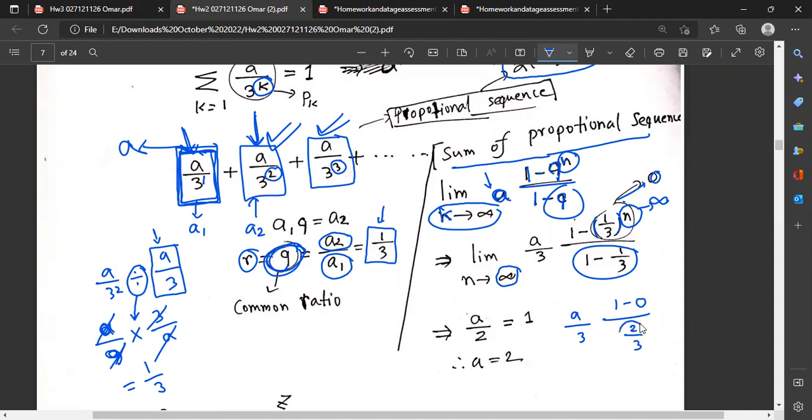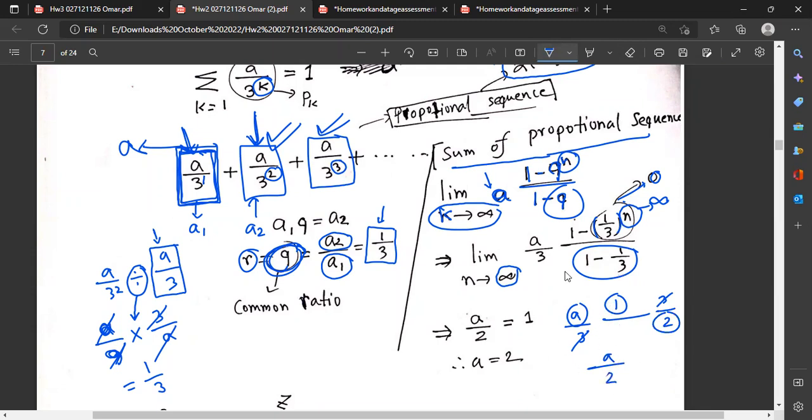And then this part can go upside, so it flips: 2 by 3 becomes 3 by 2. And 3 and 3 get cancelled, and we don't need to write 0 here. So a times 1, that is a, divided by 2. So a by 2.